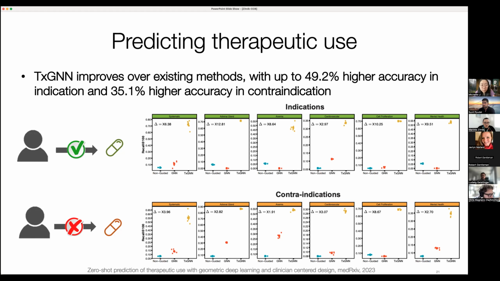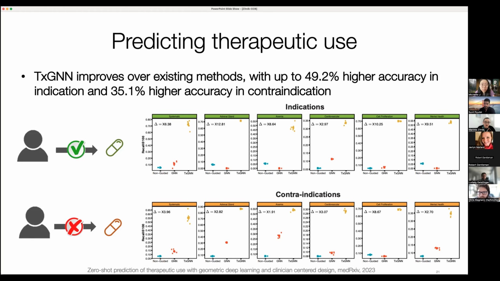And what the plots on this slide show is the performance of the model when we break it down by different disease areas, meaning that we put all diseases within a specific disease area, such as adrenal gland or cardiovascular diseases or cancer and cell proliferation diseases, in the test set, none of which the model has ever seen.